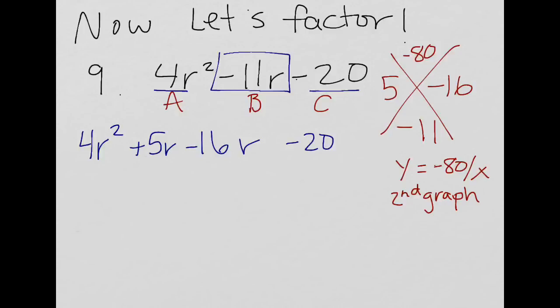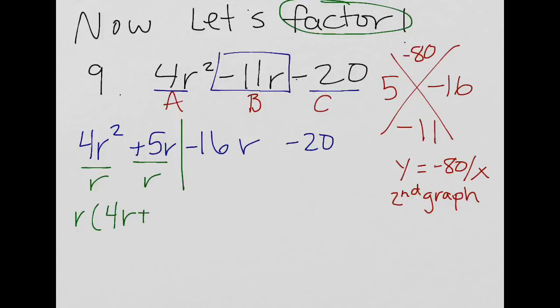So we've done that part, but our goal here is to factor. So we're going to go ahead and continue. So now we're going back to what we started with. We have 4 terms, so we're going to split it, and we're going to factor each side. So the GCF of 4 and 5 is 1, but they each have an R, so we can take an R. So it's 4R plus 5 when we divide out an R. 16 and negative 20 have a negative 4 in common.